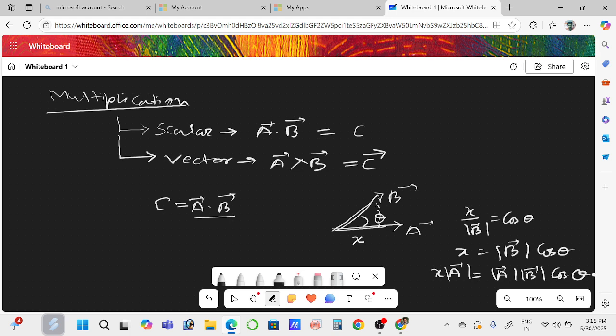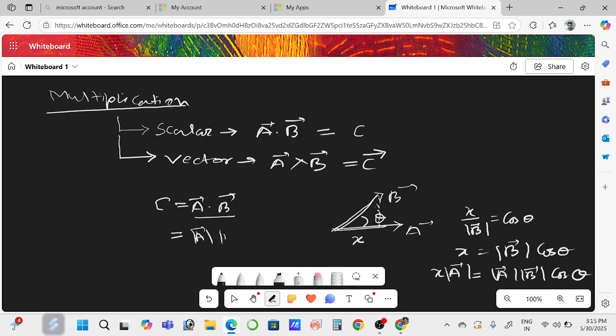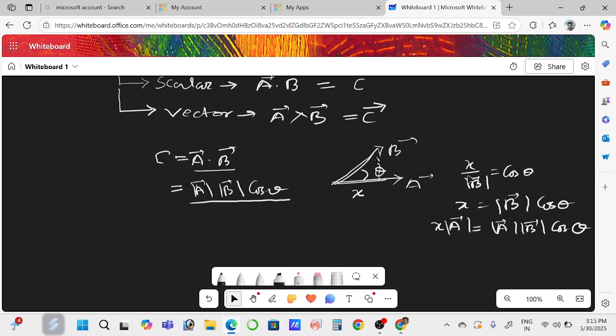So what is the scalar multiplication? It is simply mod of A, mod of B, and cos of theta. This is actually the projection of B over A. Now you see this scalar multiplication is maximum, that means the projection of B over A is maximum, when theta equals 0 degrees, because cos 0 is 1.